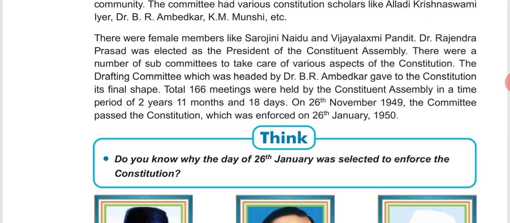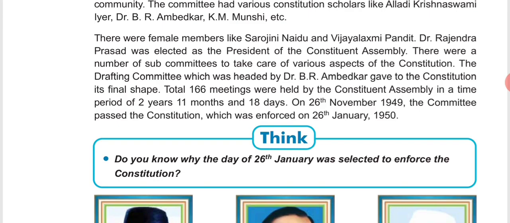When all these different laws are framed, they need experts in those particular fields. That means for each and every aspect of the constitution, for framing different laws, different committees were formed.